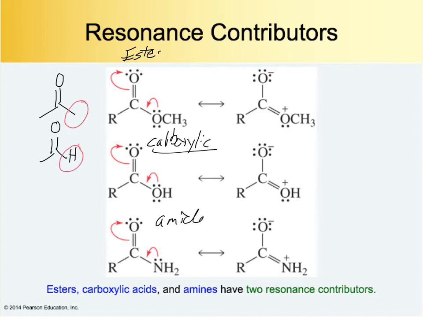Whether or not they're good leaving groups has a lot to do with whether they can do these resonance structures. Ketones and aldehydes cannot do resonance structures. That's another big difference between these acid derivatives and the ketone and aldehyde.